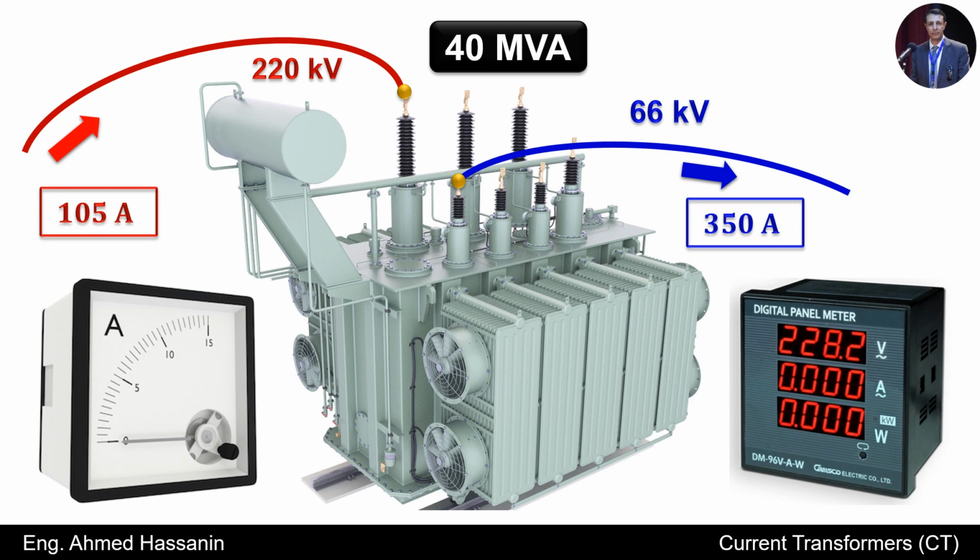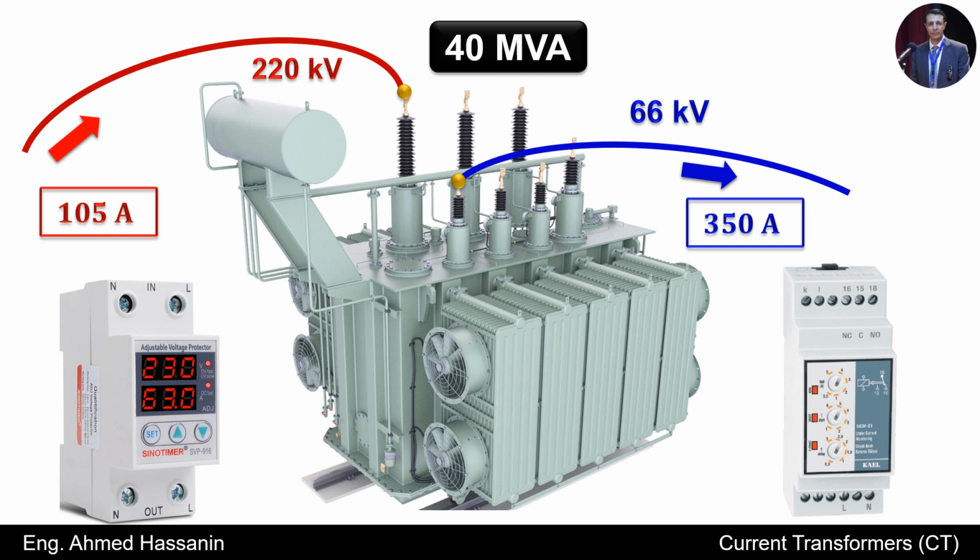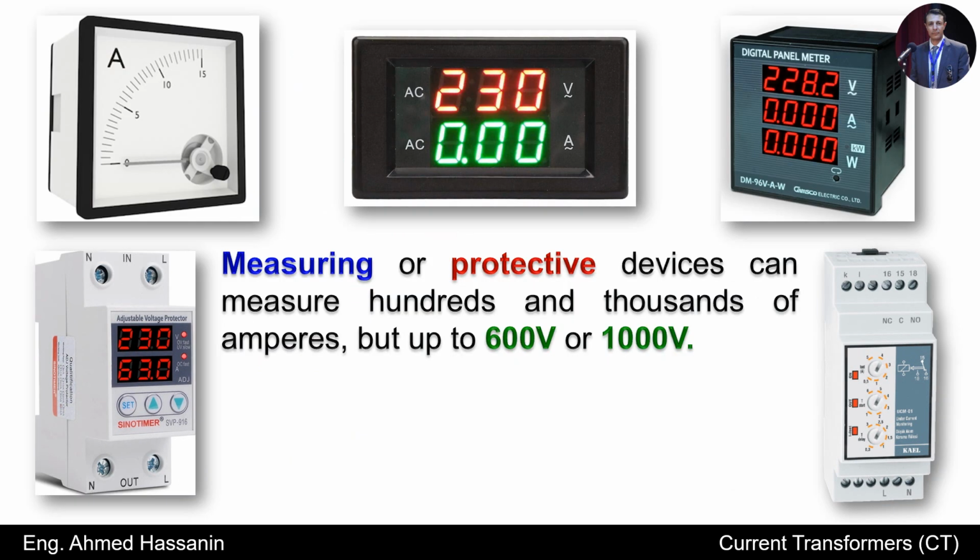It is impossible to use an analog or digital ammeter directly with these high voltages. Again, it's impossible to use measuring or protective devices directly with these high voltages. Finally, measuring and protective devices can measure hundreds and thousands of amperes, but with voltage levels up to 600 or 1000 volts.